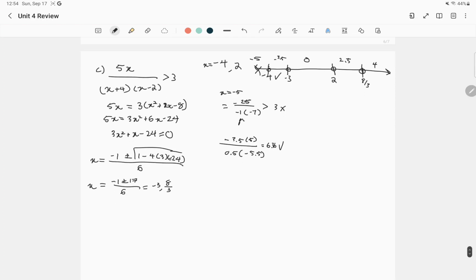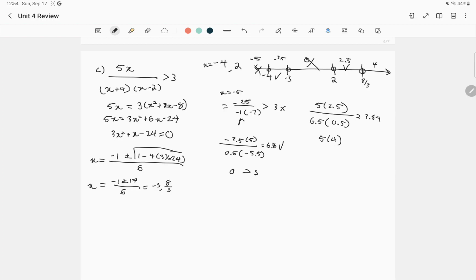Let's try 0. 0 is obviously not greater than 3, so this interval in here doesn't work. 2.5. 5 times 2.5 over 6.5 times 0.5. This is 3.84, which works. All right, and let's try 4.